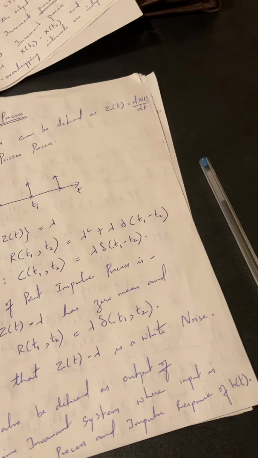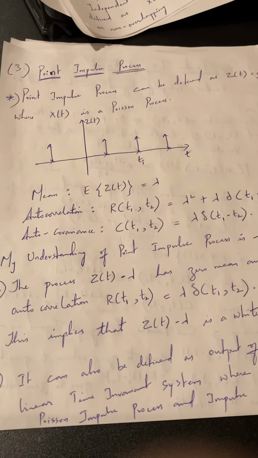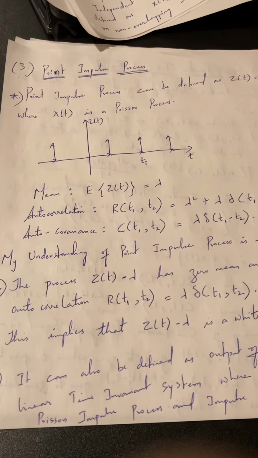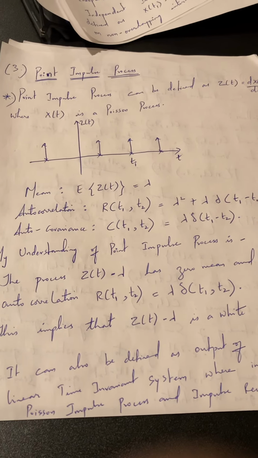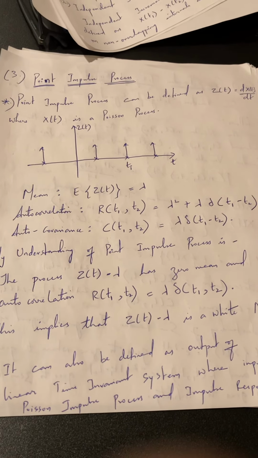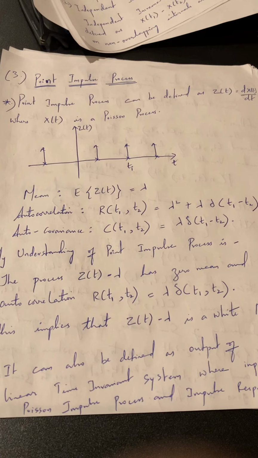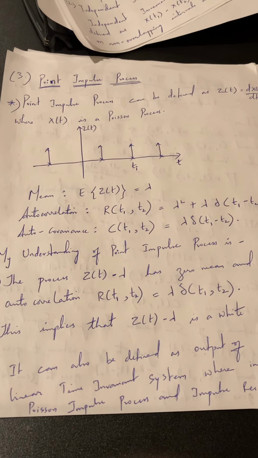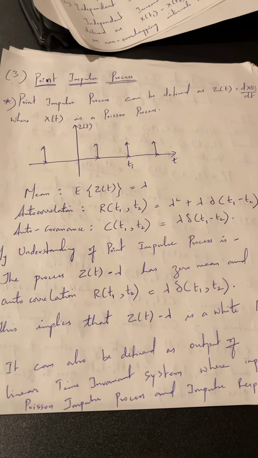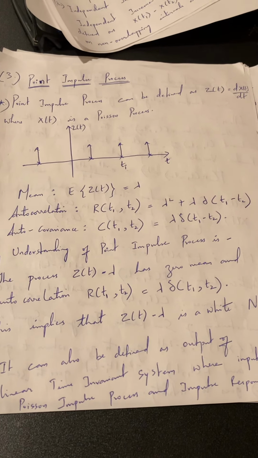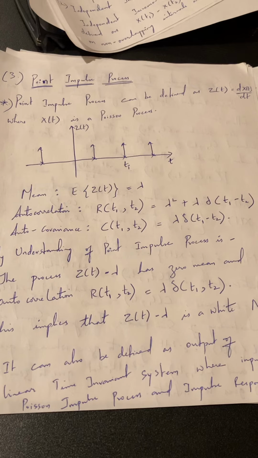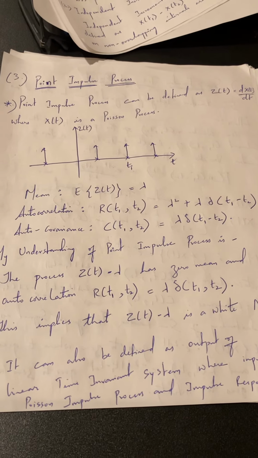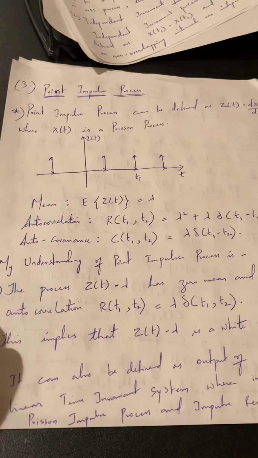Coming to the third part, which is the point impulse process. The point impulse process z(t) can be defined as d by dt of x(t), where x(t) is a Poisson's process. The mean is lambda, autocorrelation is lambda square plus lambda delta of t1 minus t2, and autocovariance is this equation given here.